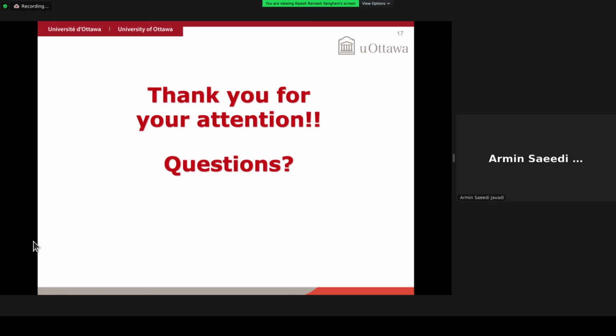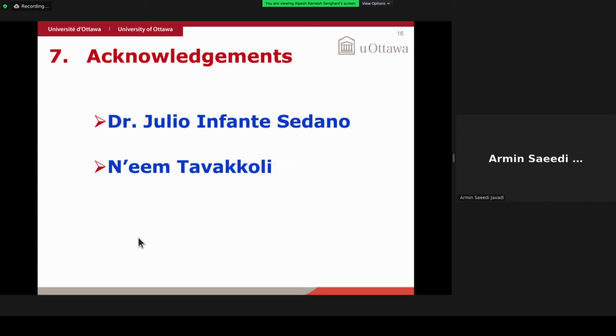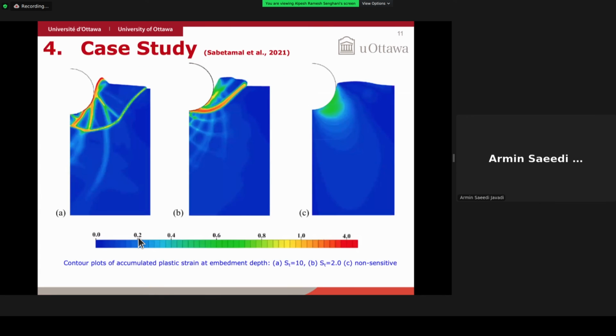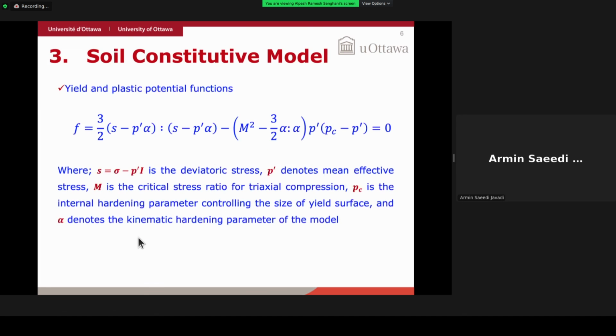Excuse me, for the constitutive model, did they use the associated flow rule or non-associated flow rule? I didn't understand it, sorry. For the plastic strain, did they use associated flow rule or non-associated flow rule? Here?